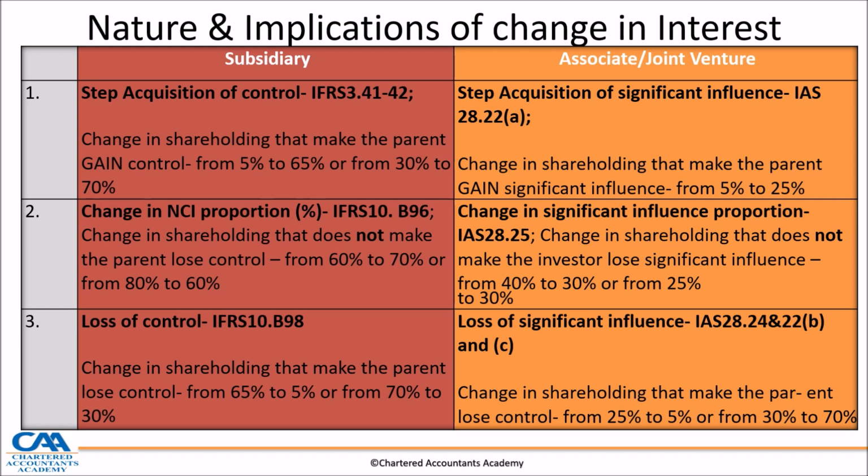Or from 70% to 30%, is also from control to associate. That's the same way a loss of significant influence. And when you lose significant influence, you're either going to control or from associate to IFRS 9.